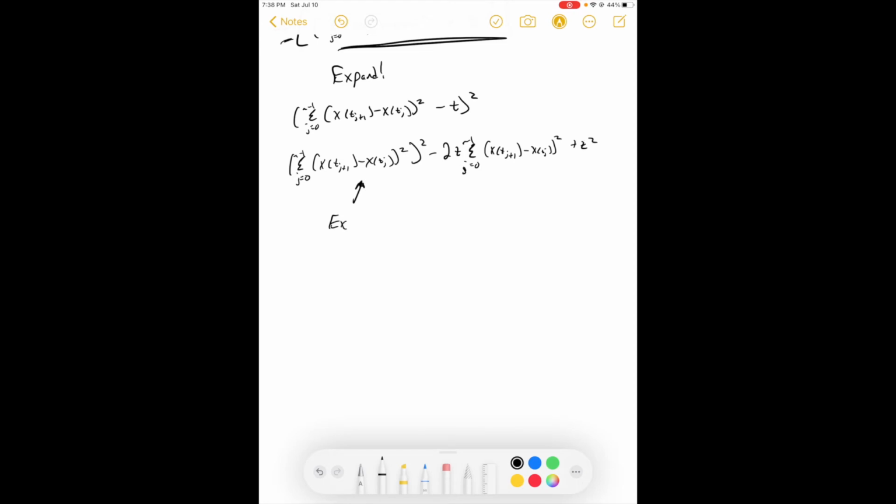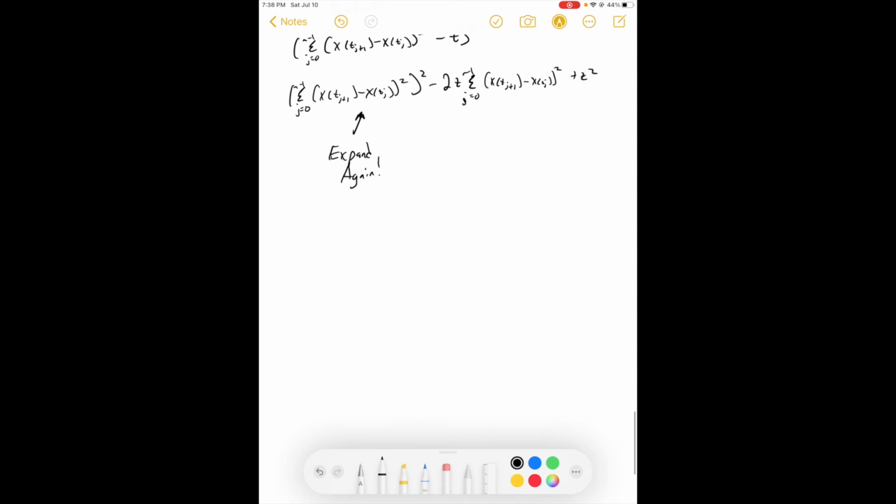Now we can take this part and expand again. And when we do that, we will get the sum from j equals 0 to n minus 1 of x of t sub j plus 1 minus x of t sub j to the fourth, plus 2 times the sum from i equals 0 to n minus 1 times the sum of all j less than i of x of t sub i plus 1 minus x of t sub i, squared, times x of t sub j plus 1 minus x of t sub j, squared.